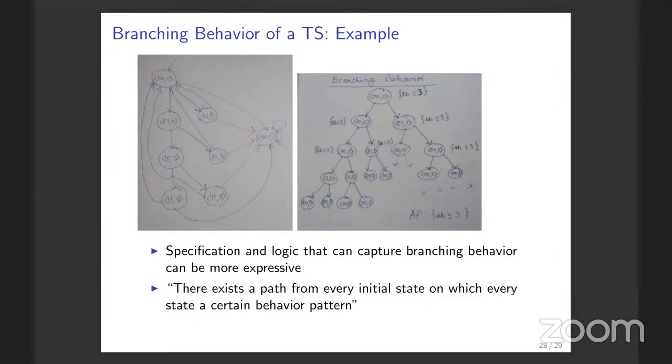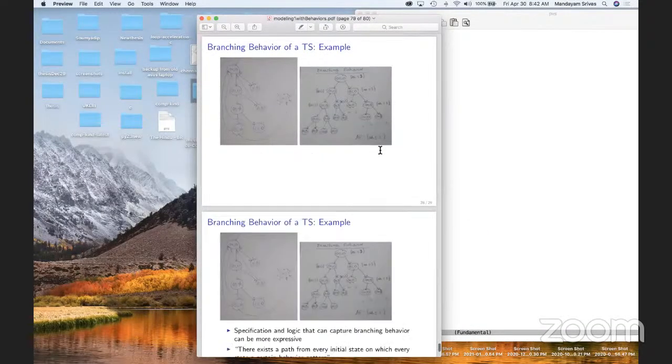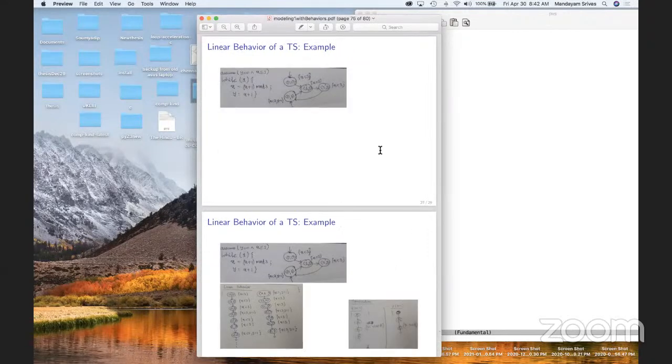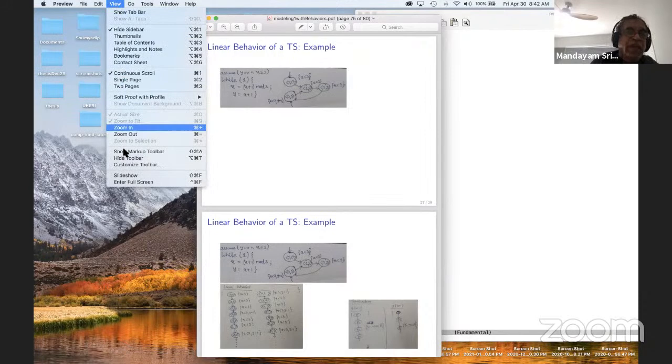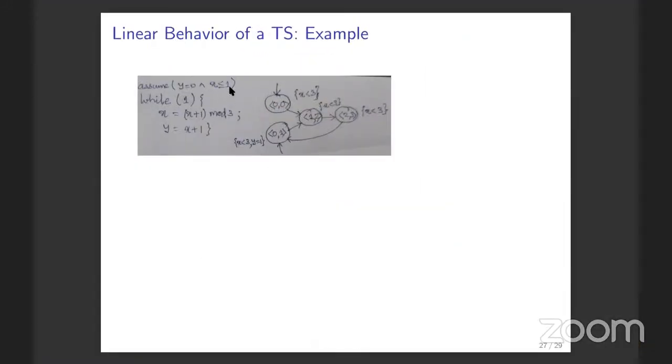Sir, in the previous slide, can you just repeat what assume meant? Yeah, at the top of the slide, you had assume y equal to 0 and x less than or equal to 1. Yeah, that's another way of just saying my initial state is that. That's all.